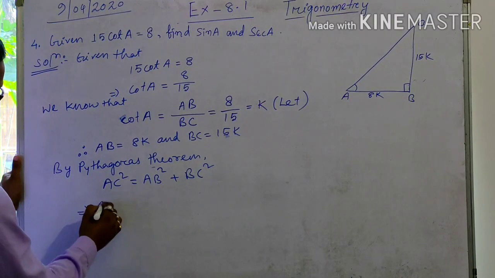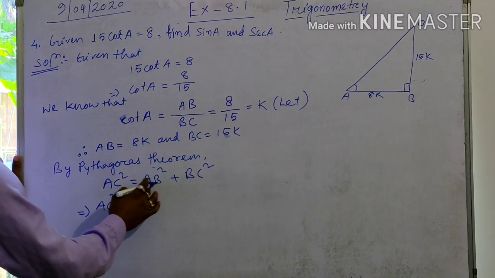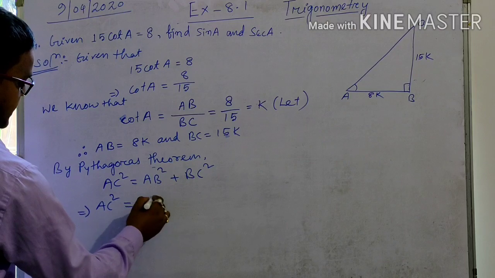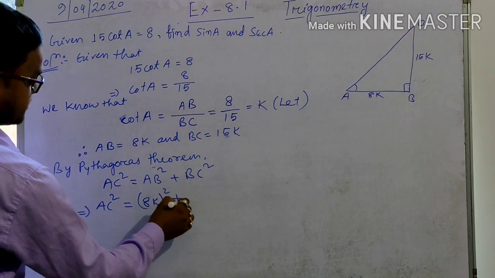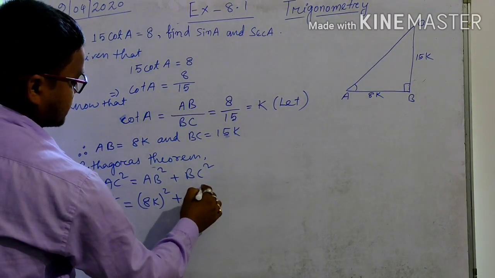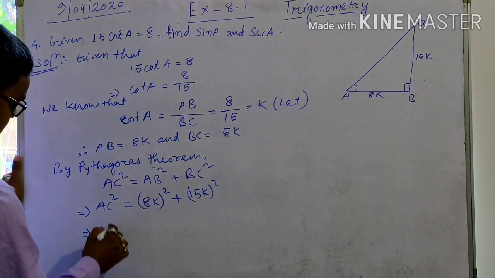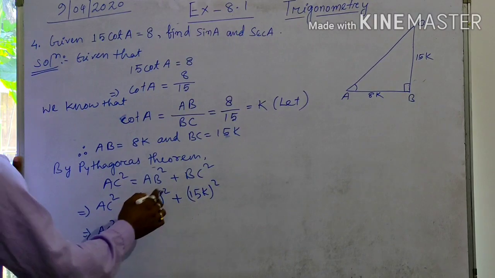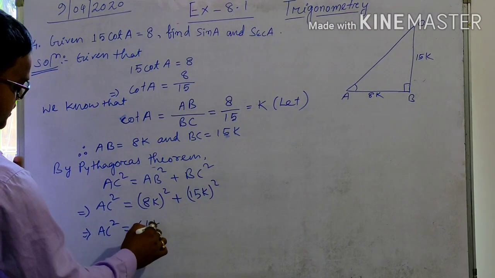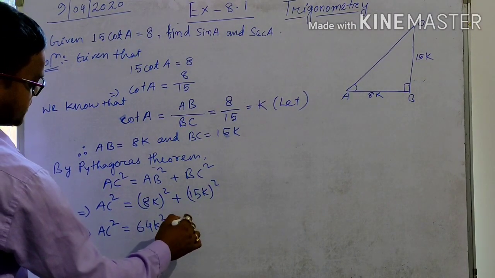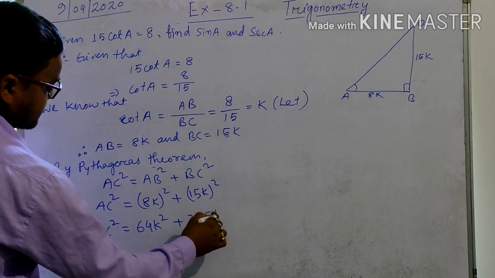You have to find AC, so AC squared equals AB, which is 8K, whole squared, plus BC, which is 15K, whole squared. So AC squared is 8 squared, which is 64K squared, plus 15 squared, which is 225K squared.